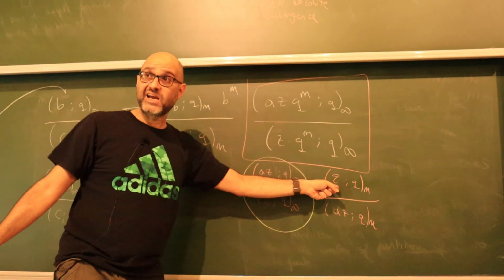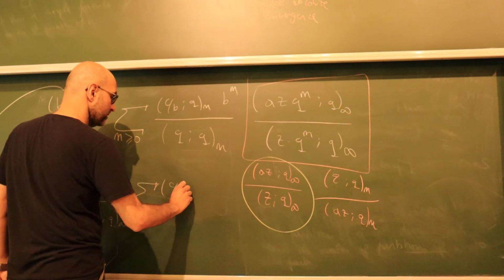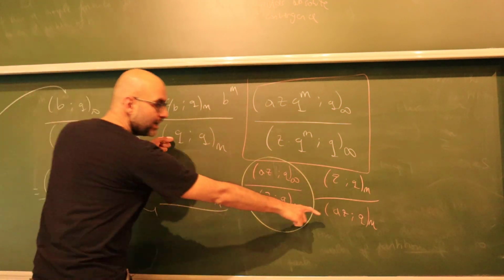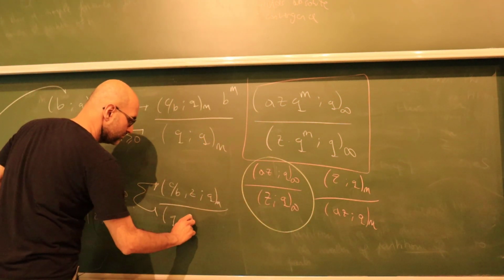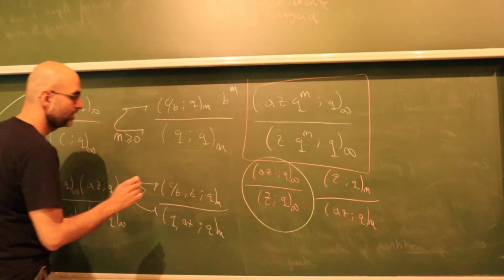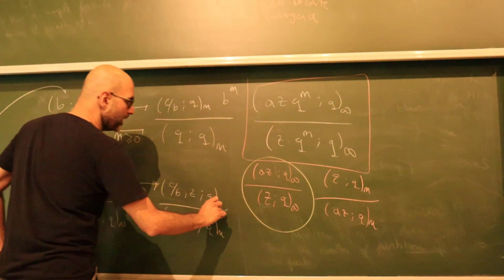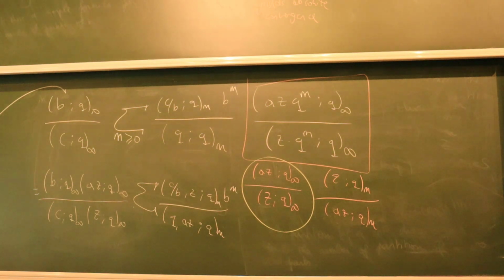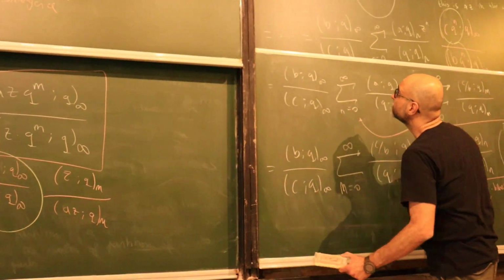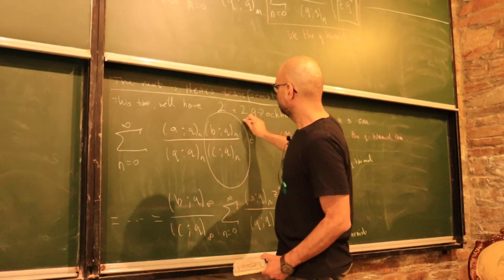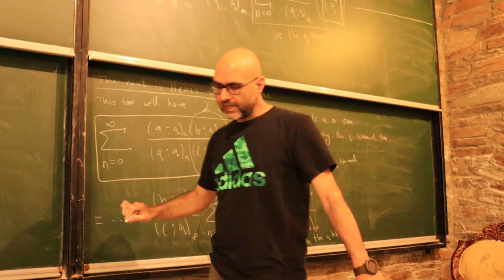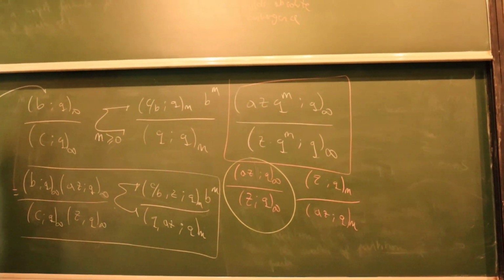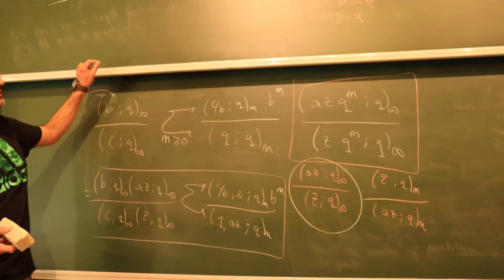C divided by B and Z. And downstairs we have Q and A times C. And what did we forget? B to M. Okay, that's the end of the derivation. Look where we started. And look where we ended. This is Heine's Q series transformation.